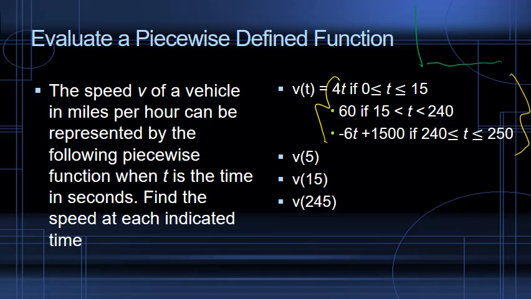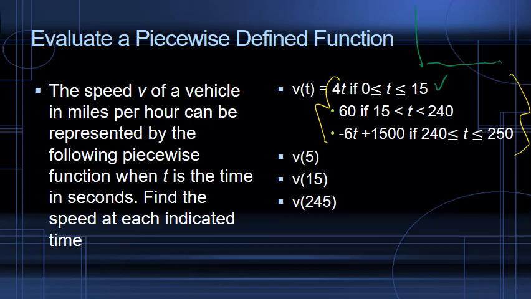So we're given these three piecewise functions. What is the speed at given intervals of time, t, when the time elapsed is greater than or equal to 0, but less than 15?